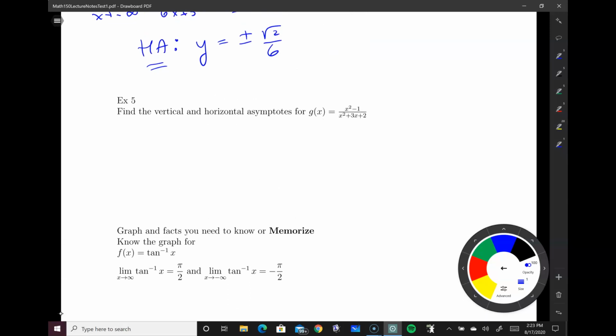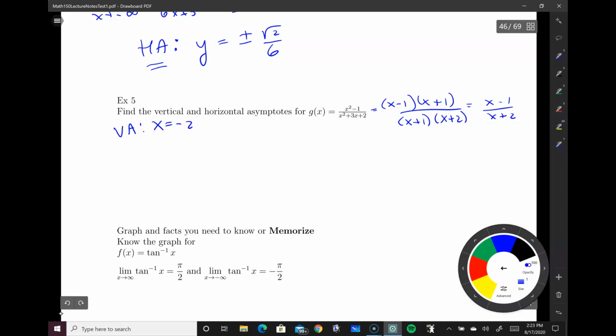So let's do the same thing with this one. Again, always cancel if you can, or factor to see if you can cancel. x plus 1, x plus 2. Cancel the x plus 1, so I get x minus 1 over x plus 2. So the vertical asymptote will be where the denominator is 0, so that's x equals negative 2.